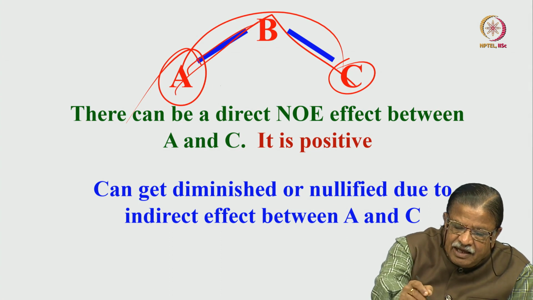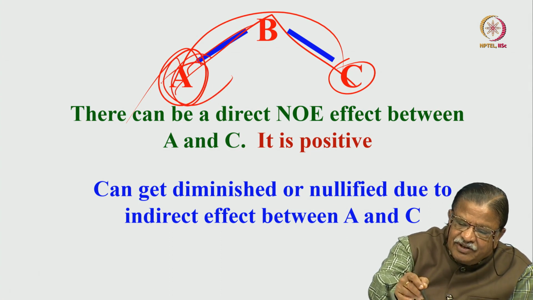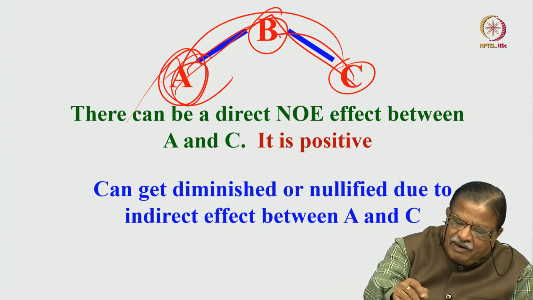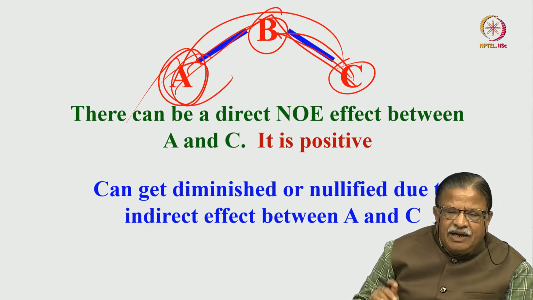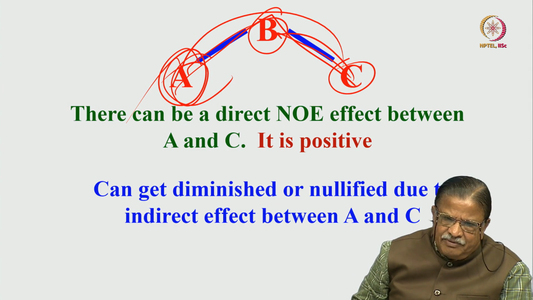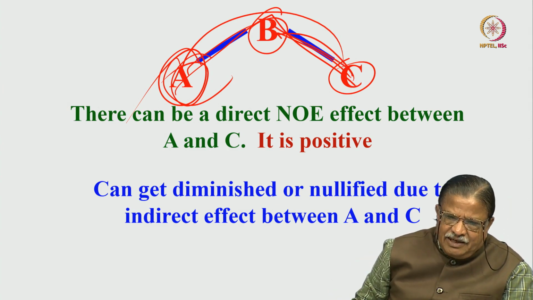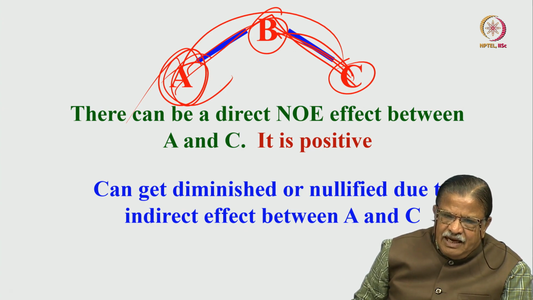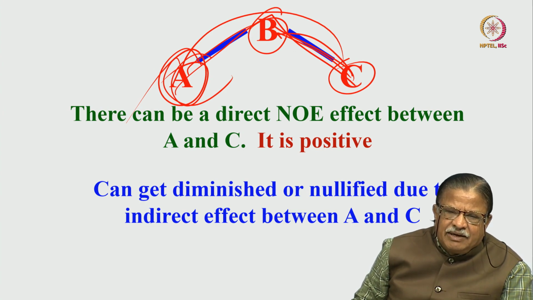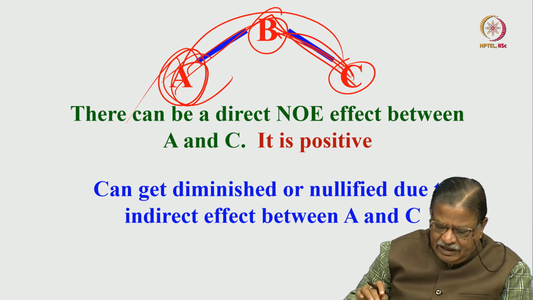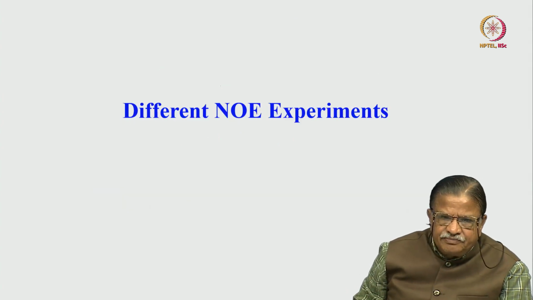But when you are saturating A, B also gets saturated, and then B gives this to C. Sometimes it can so happen that C can give its magnetization back. It can get diminished or even nullified because of indirect effect between A and C. Although there is a direct NOE, this can get suppressed.